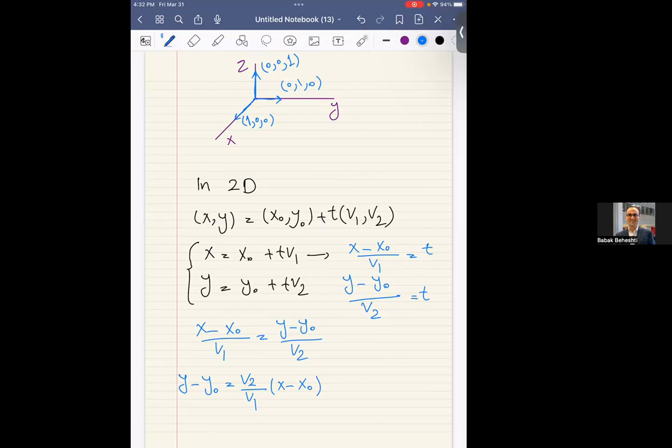Okay. And that's it. In elementary school, you see this equation. You don't have v2 and v1, but you have basically the slope of a line. So we usually have y minus y0 equal to m times (x minus x0), in which m is the slope. But if you have a direction vector v1 and v2, the slope is v2 over v1, right?